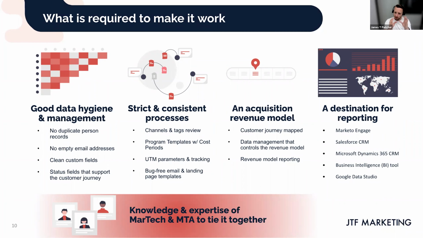The second part of this, and I'm really honing in on this section, we're going to look at a couple of examples in a second. Second part is program templates with cost periods. Now, most of you, I'm pretty sure, are not using any cost periods in Marketo, or very few.